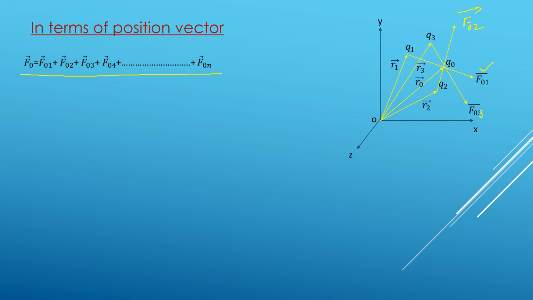Now F naught 1, the force between q1 and q naught, is written as 1 upon 4 pi epsilon naught, q naught q1 over r1 naught squared, r1 naught cap. R1 naught cap is the unit vector from q1 to q naught. This will be along this direction.